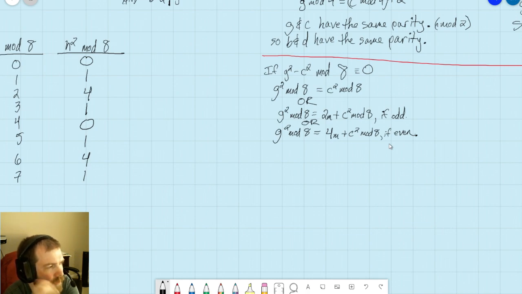Because I think you can fill in every blank by using that particular setup. And all numbers can be written as either 0, 1, or 2 mod 3.